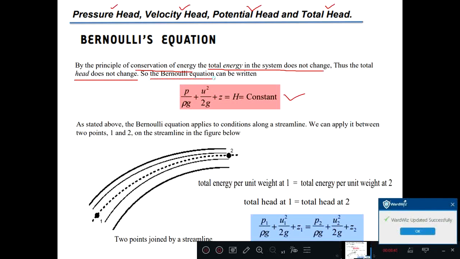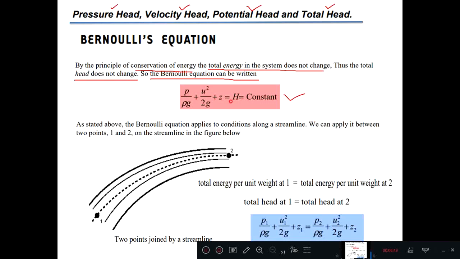So the Bernoulli's equation can be written as P by rho g plus v square by 2g plus z equal to constant, or you can write it as the total head. This is the equation we call Bernoulli's equation.